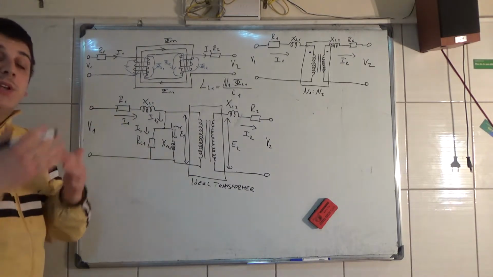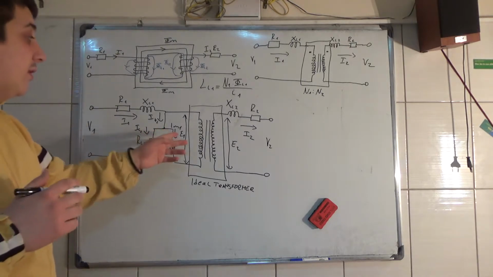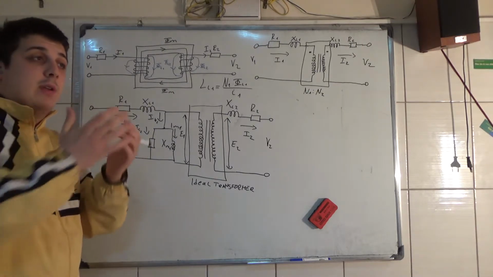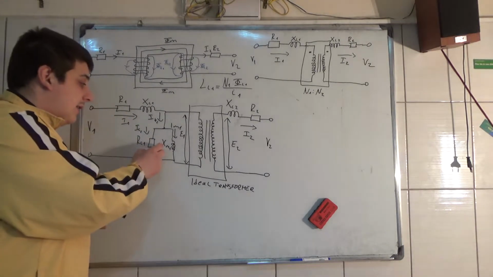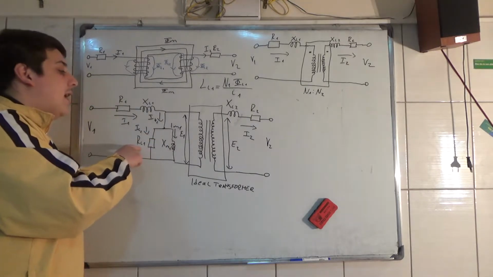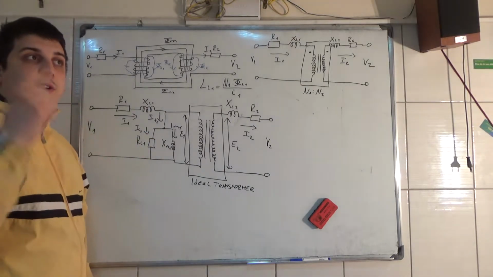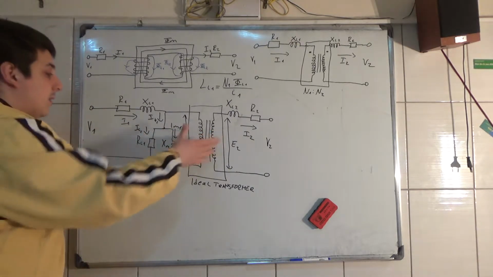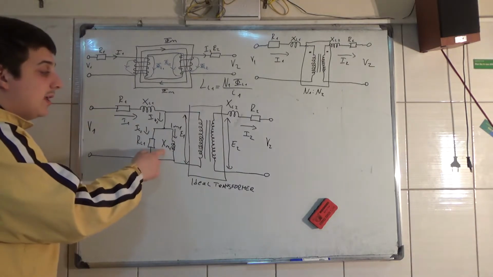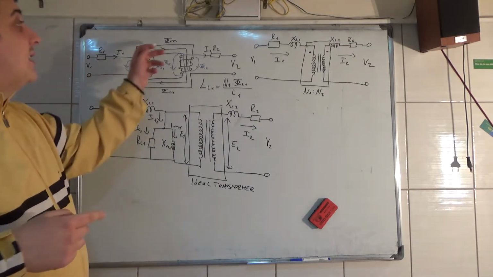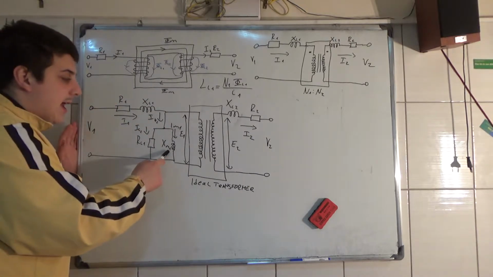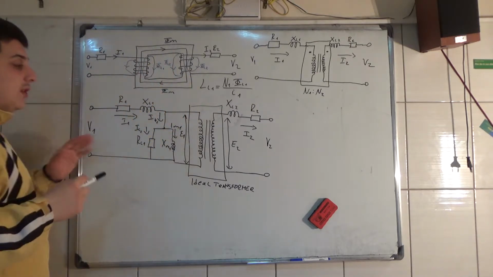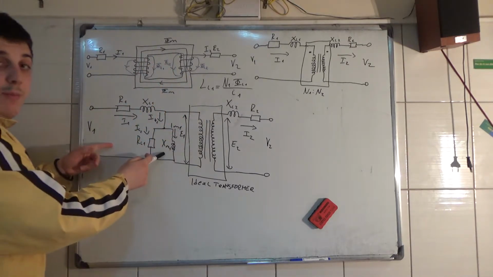We said that there is an exciting current, and in order for us to draw that on the schematic, if you remember from the magnetic circuit, this here, R index C1, is the resistance of the core loss in this magnetic circuit. And here is the reactance of magnetizing this core. So this XM1 is for this flux M. This is looking from the primary side.